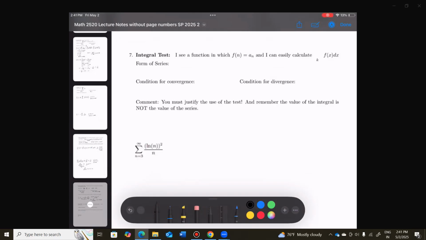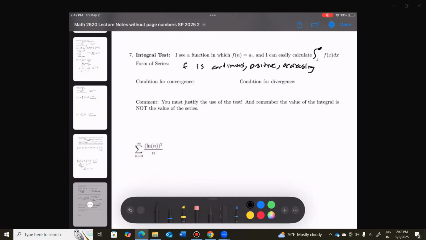We've got the integral test. So I see a function in which f of n equals a sub n, and I can easily calculate the integral from k to infinity of f of x dx. Then f is continuous, positive, and decreasing.